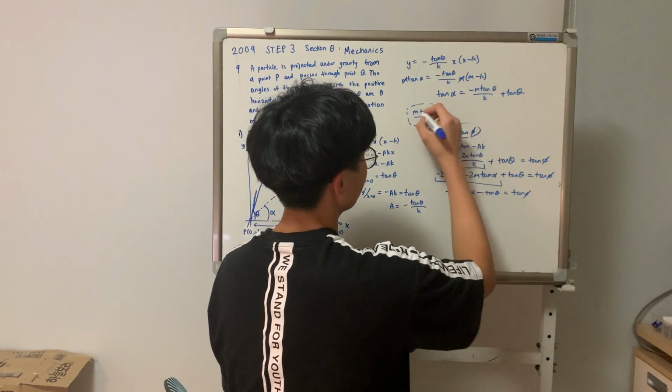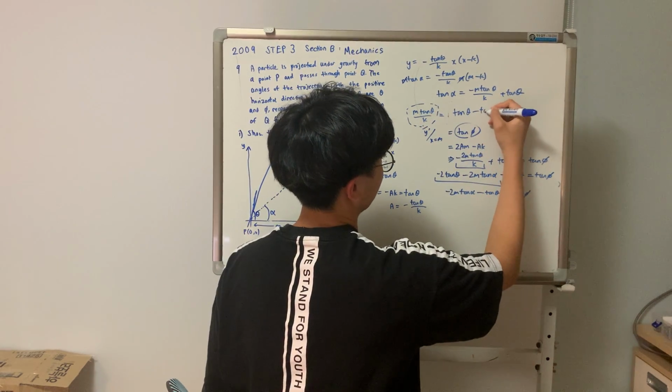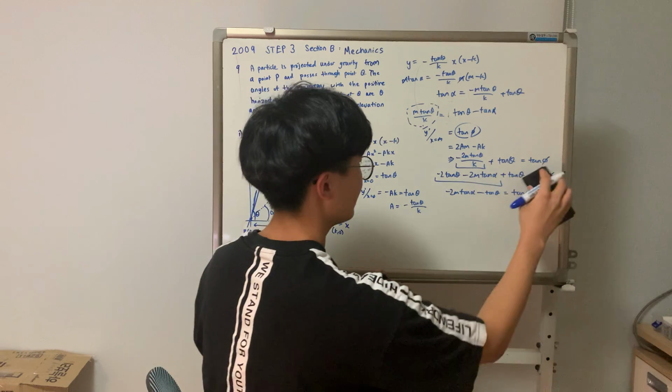And so we get the expression for m tangent theta over k as tangent theta minus tangent alpha. And now that will solve our problem.